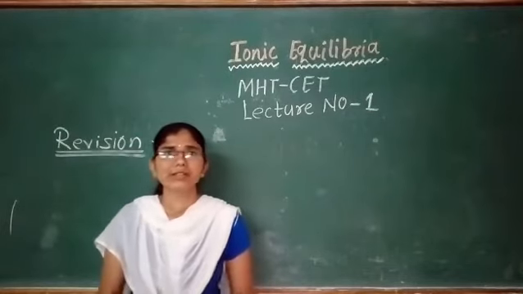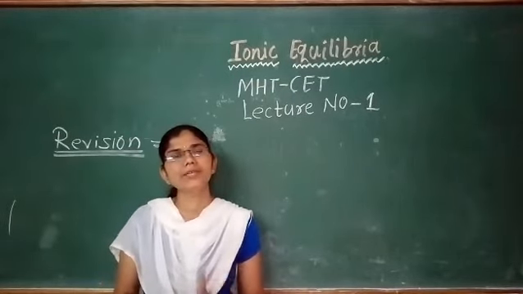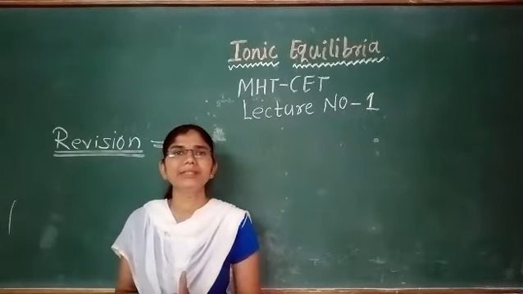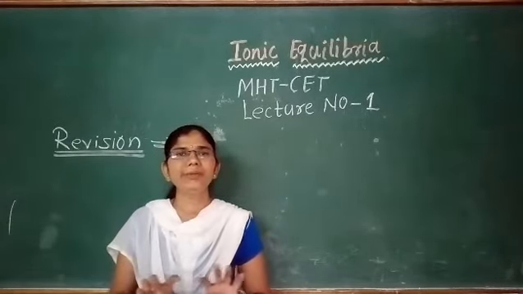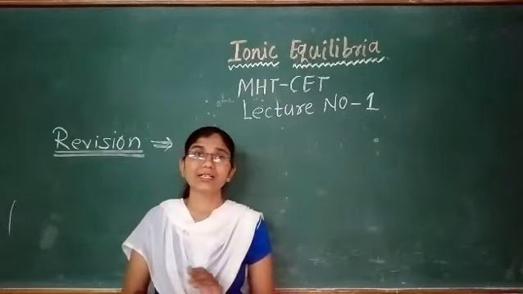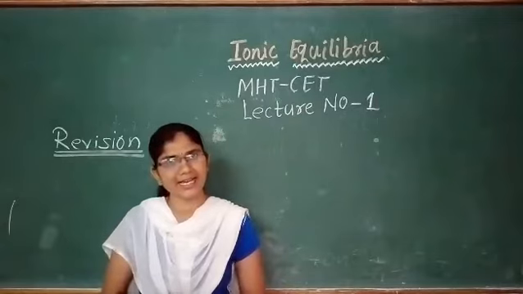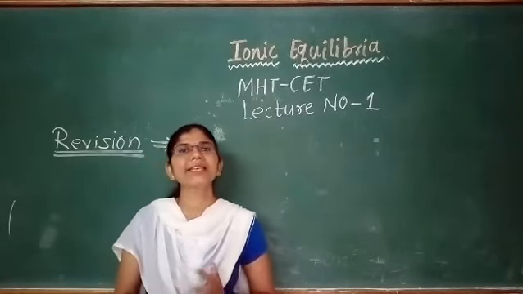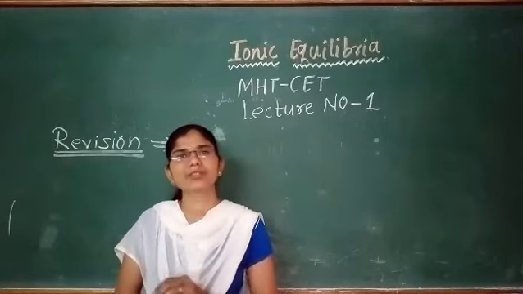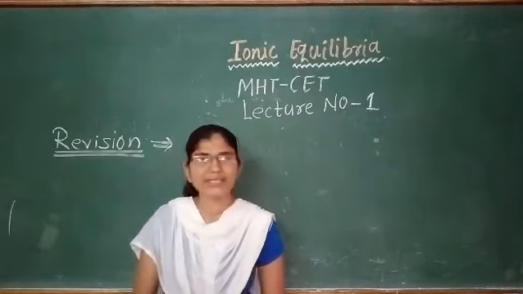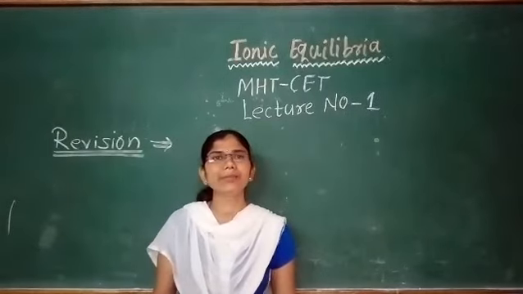Dear student, first of all, what is meant by Ionic Equilibria? The word itself is divided into two parts. Ionic is associated with the ions, and equilibria means there is an equilibrium between them.